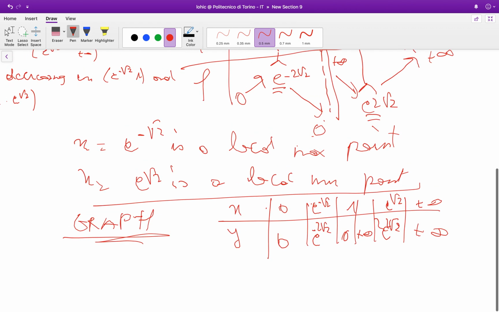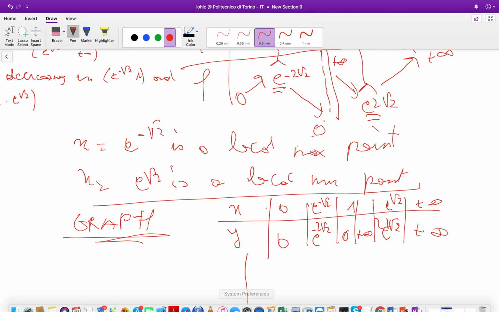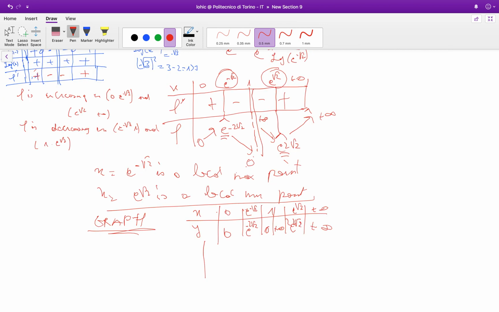Okay, now we try to draw our function. Okay, let's try to draw the function.